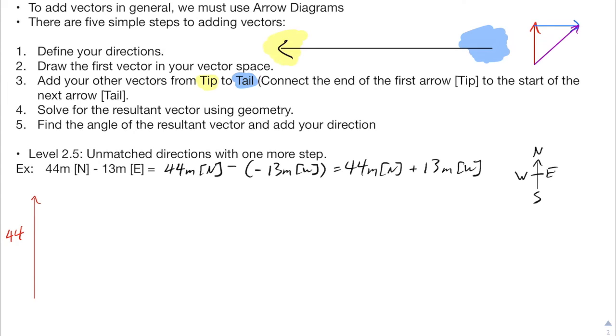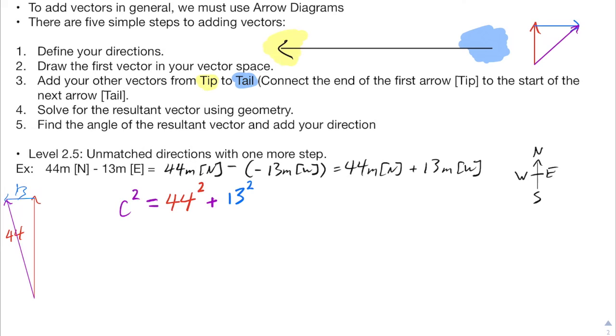Next, we will add our other vectors from tip to tail. So the tip of our first vector becomes the tail of our second vector, and we will add 13 meters towards the west. Then we will draw our resultant vector, and we will solve using geometry. Here we can see that the length of our resultant vector is equal to our first vector squared plus our second vector squared.